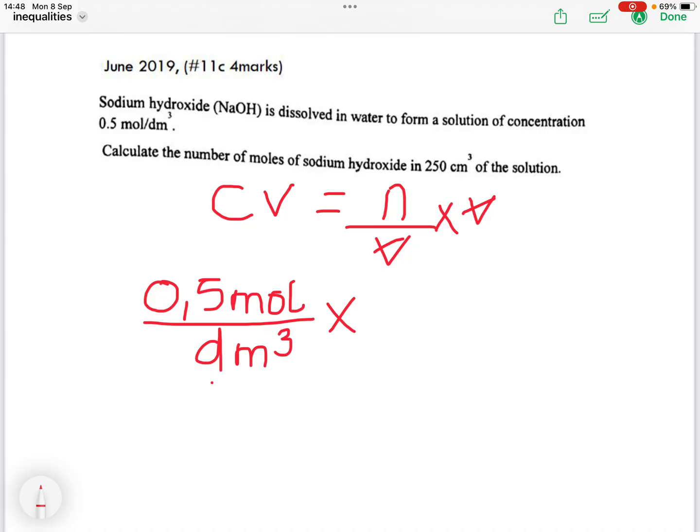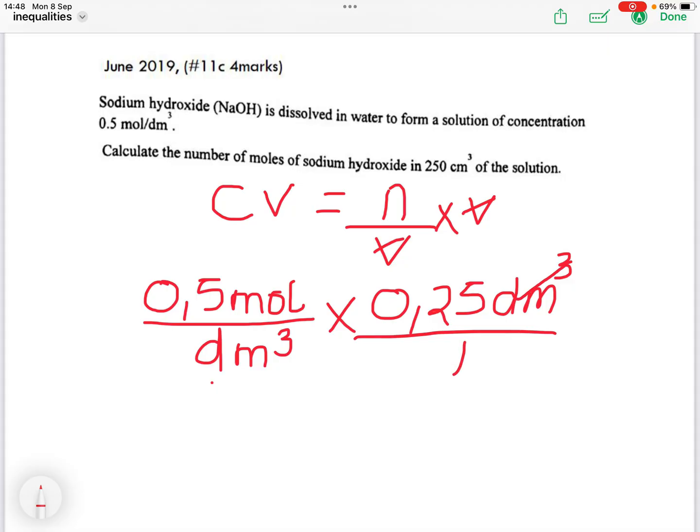So we are supposed to have the volume in cubic decimeter. So we need to convert 250 cubic centimeters into cubic decimeters. So we divide by 1000 for it to be in cubic decimeter. So if we say 250 divided by 1000, we get 0.25 cubic decimeters, right?